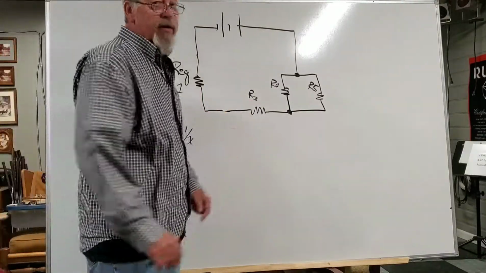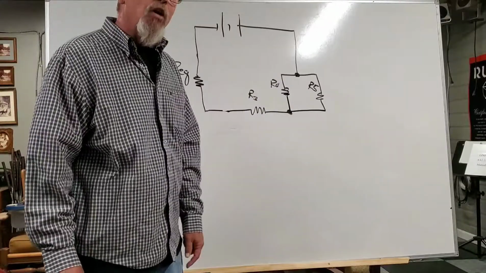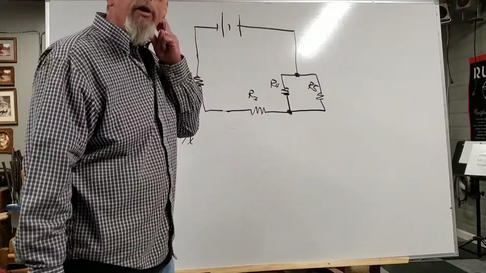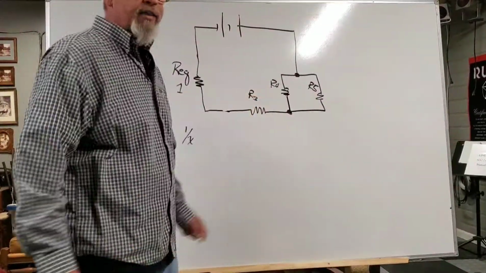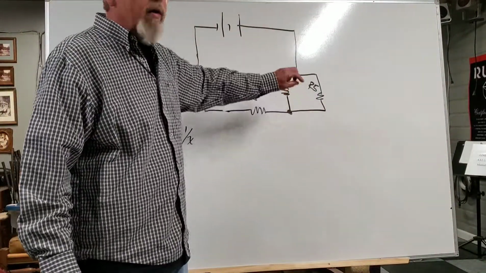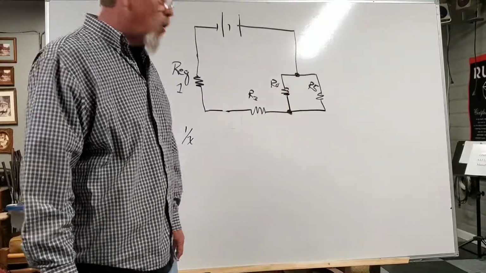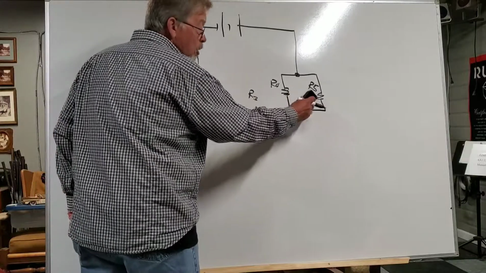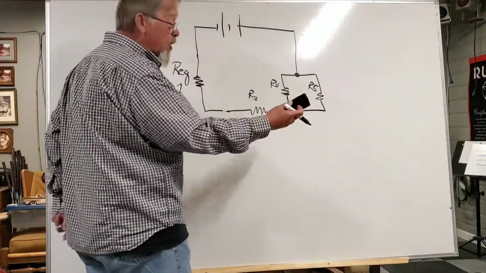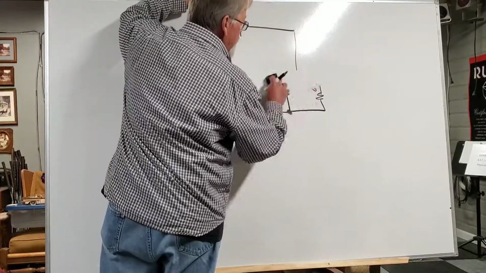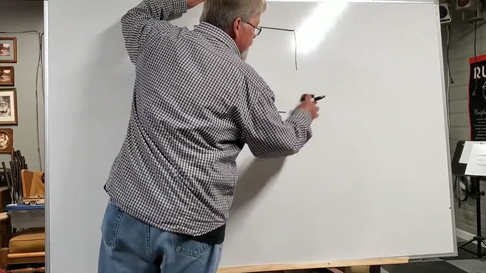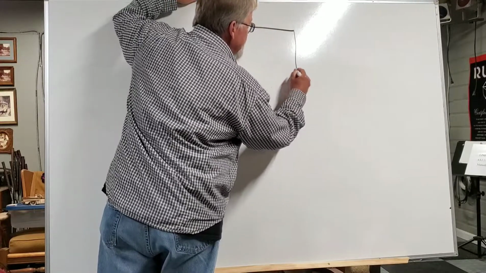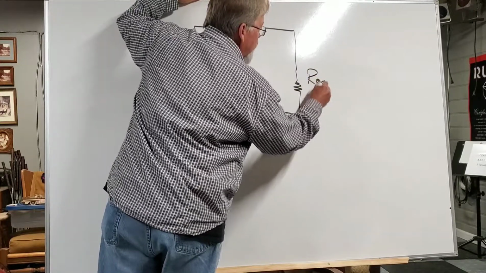Let's keep going around and see what we can find. So the next one we find is R4 and R5. We find a junction point. That's another parallel circuit. So we're going to use 1 over X to find the equivalent value of R4 and R5 as well. So we're going to do 1 over R4 plus 1 over R5 equals 1 over, and that gives us our equivalent resistance for 4 and 5 that we'll call REQ2.